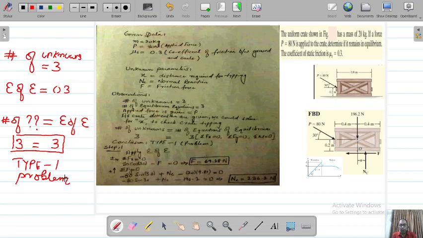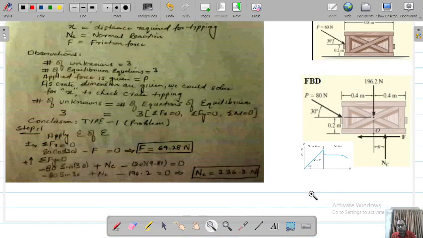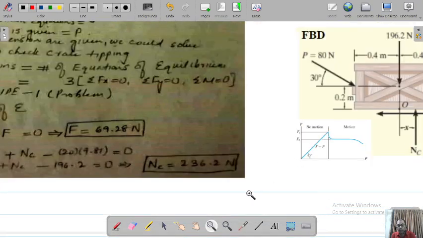How to proceed? In the type 1 problem, remember, this is the point of impending motion.